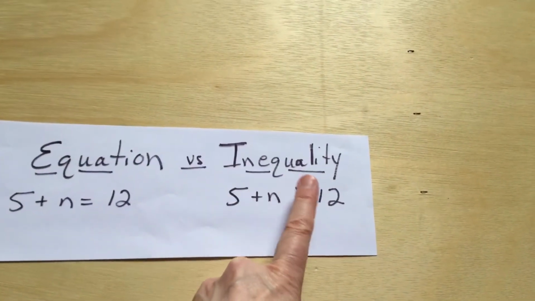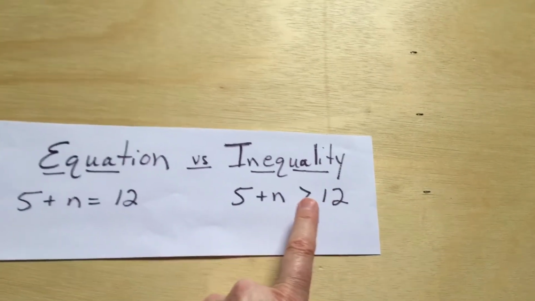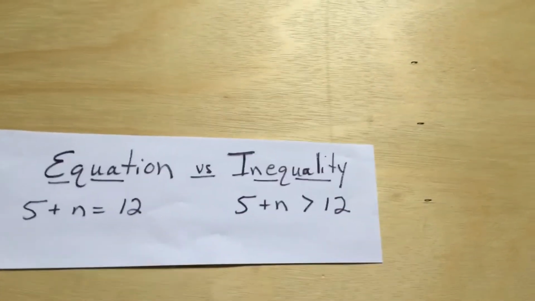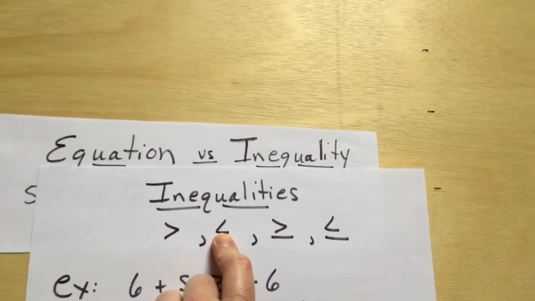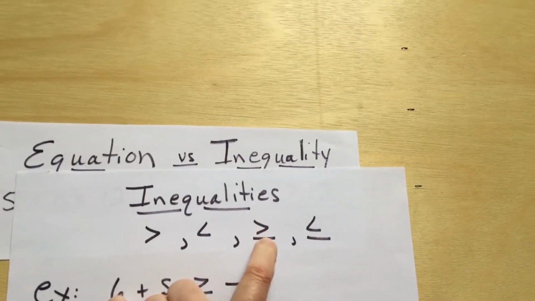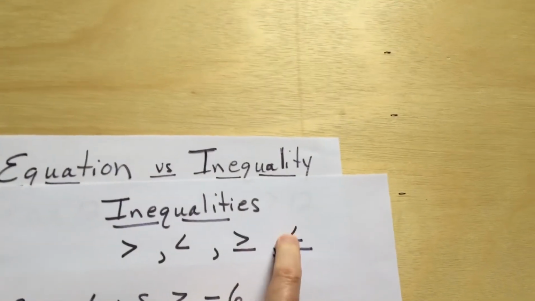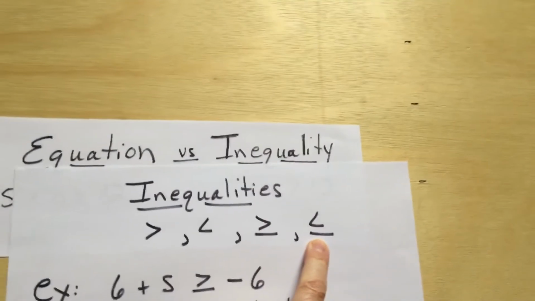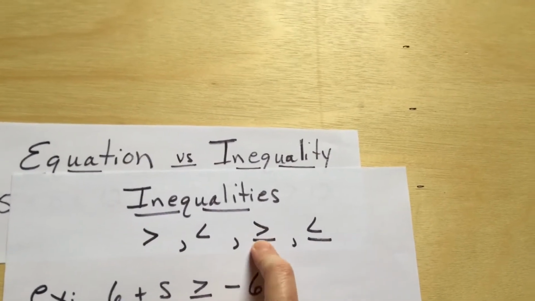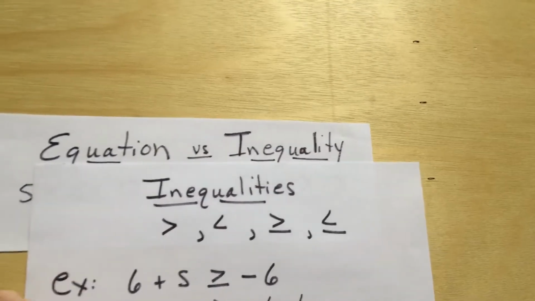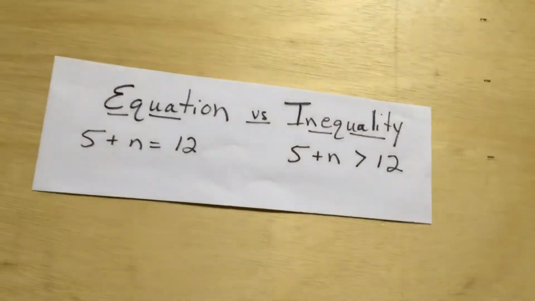So in inequalities, you will not see an equal sign. You will see one of these symbols: greater than, less than, greater than or equal to, or less than or equal to, with the bar under that meaning equal to. So you have choices. So let's look at some of these kinds of problems.